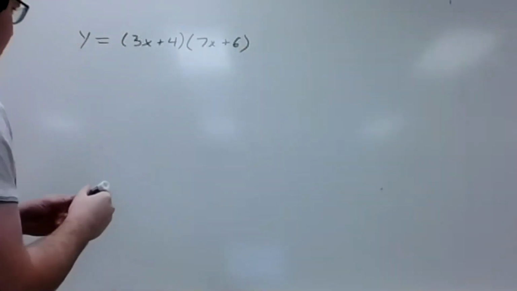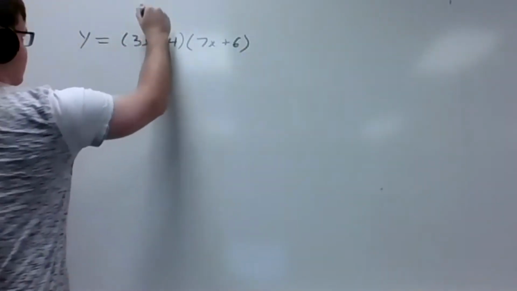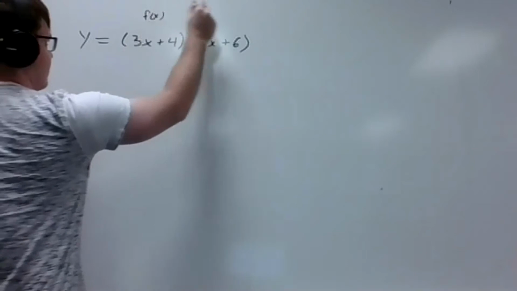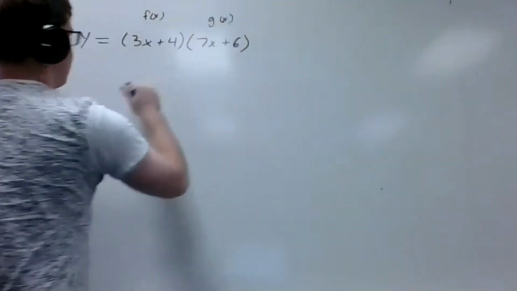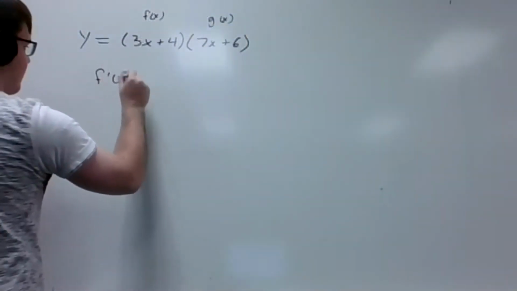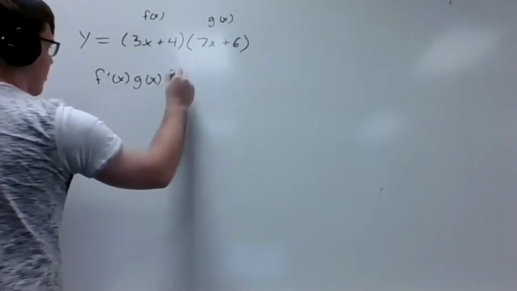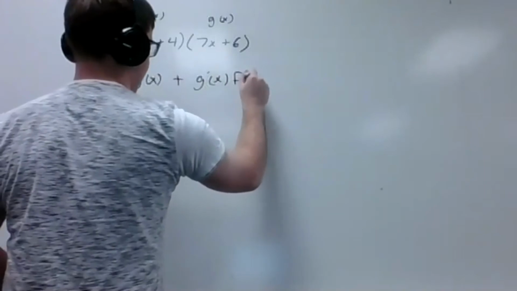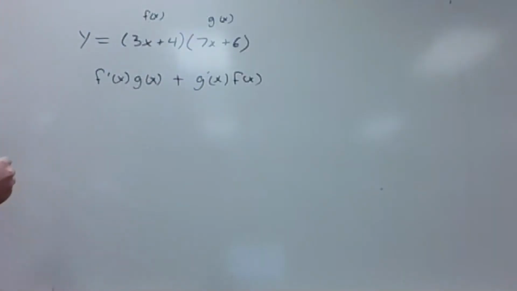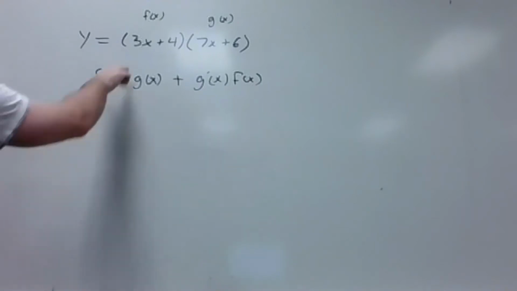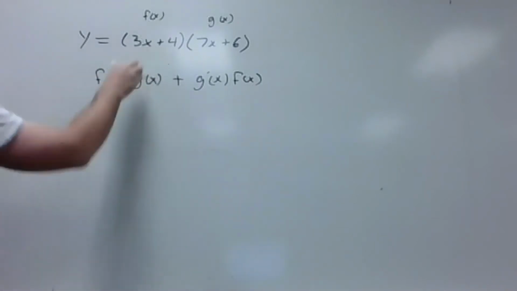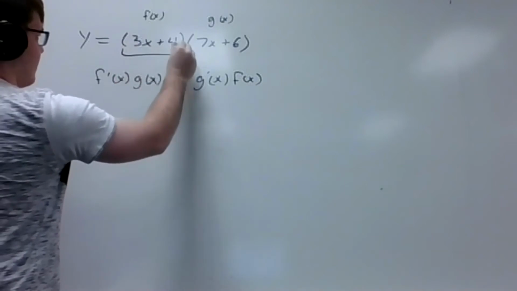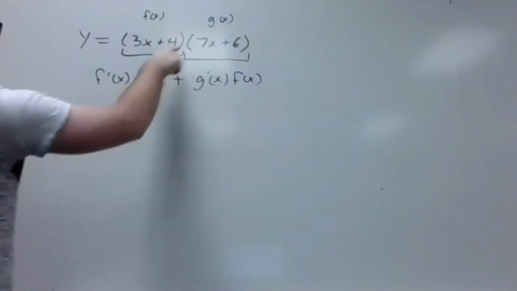But the product rule is simply the derivative of the first. So if we say that this is f of x and this is g of x, then it's just going to be f prime of x times g of x, plus g prime of x times f of x. This one's going to be pretty easy because we have our first group and our second group, our f of x, g of x.